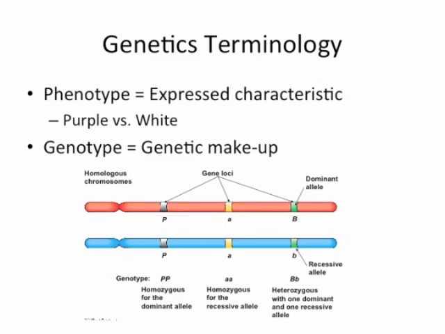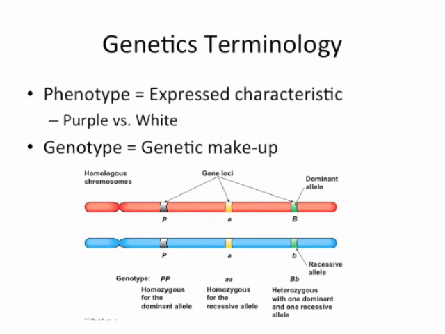So you can have organisms that have 2 copies of the purple version. You can have organisms, or flowers, that have 1 copy of purple and 1 copy of white. Or you can have 2 copies of the white.